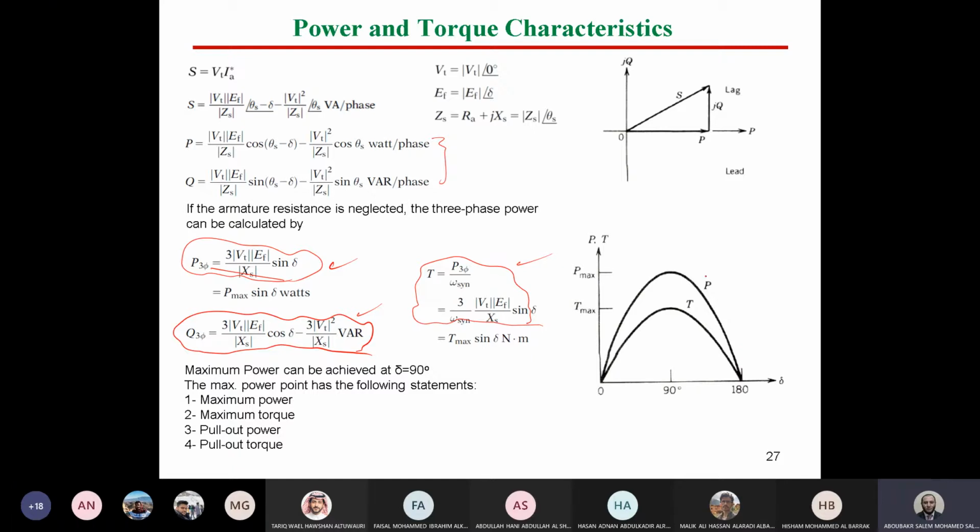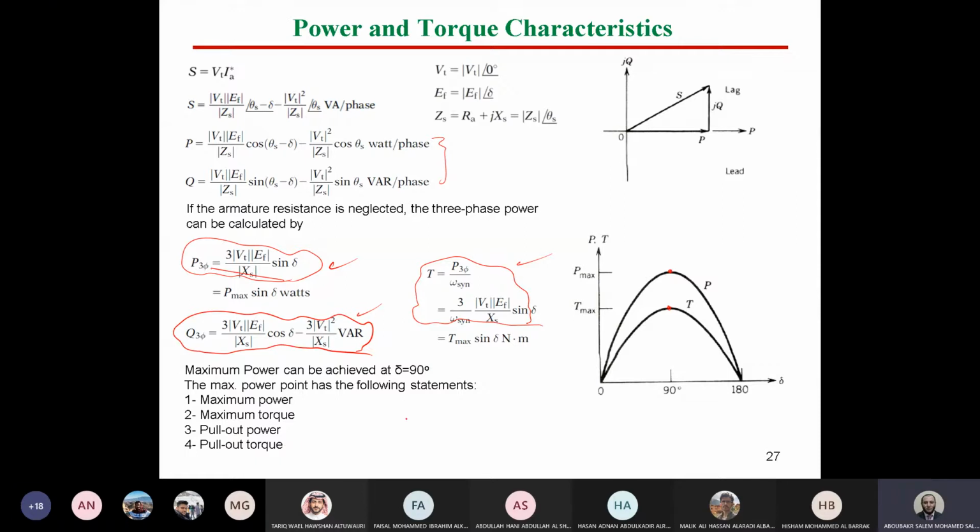We can see that the maximum torque appears at 90 degrees, and the same is true for the power: the maximum power is attained at delta equal 90 degrees. So we can give a name to this operating point: the maximum power or maximum torque, or pull-out power and pull-out torque.